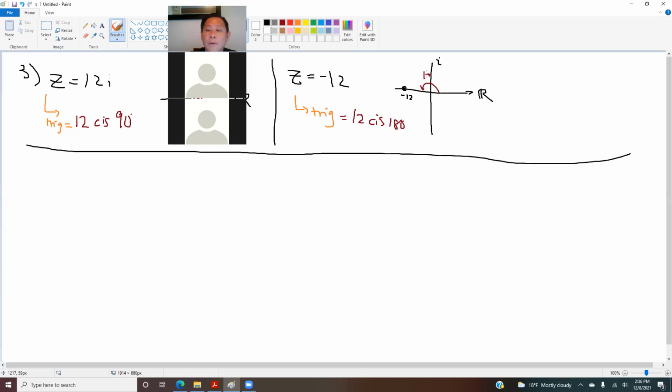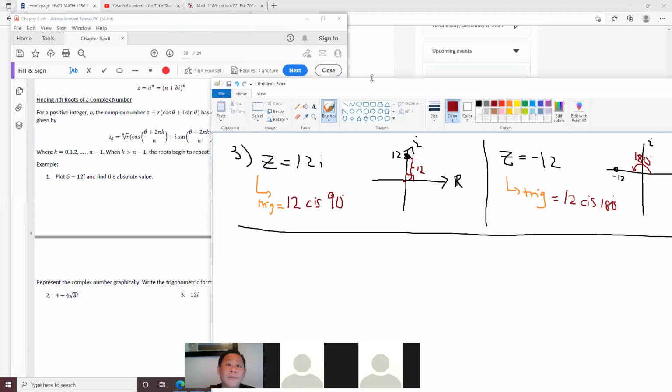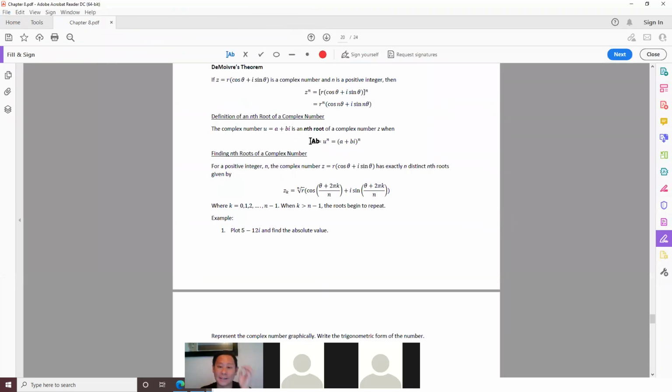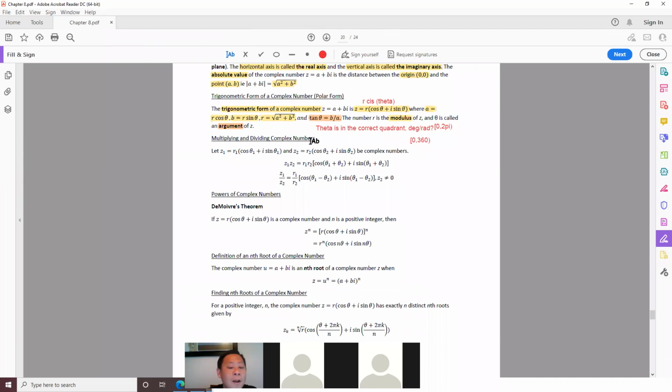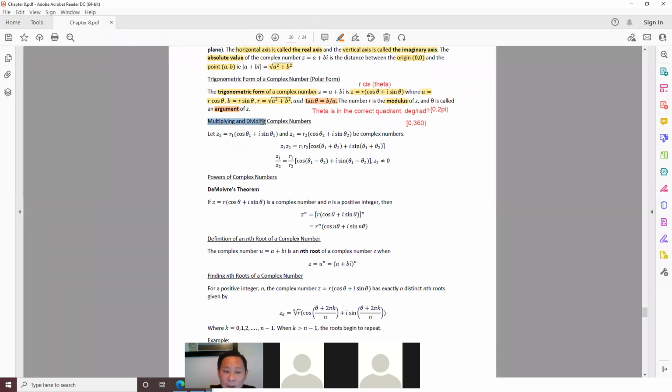Or pi, or whatever. Again, watch out for what units they want, radians or degrees. Questions with this? Okay. So this is the basic fundamental stuff. So once you got this, then we can do a bit more. We can actually multiply, and we can also divide these complex numbers.